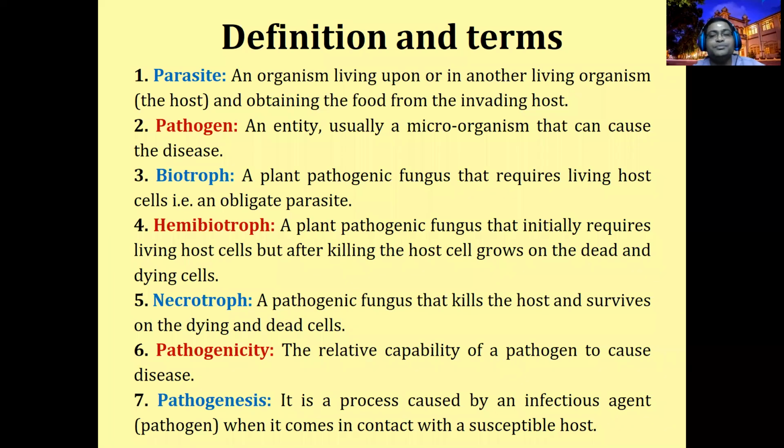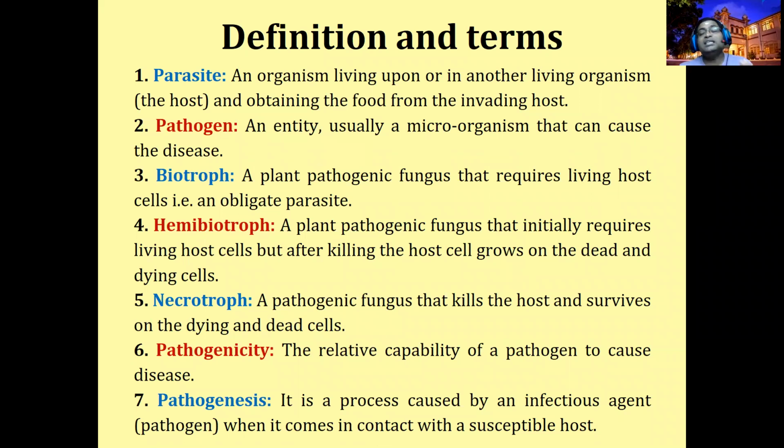Hemibiotroph means some of these plant pathogenic fungi initially require a living host. Then these fungi kill the host, and then they survive on the dead host. That is what we call a hemibiotroph. So half of the plant pathogenic microorganisms are under this group, because they can initiate infection if the host is living.